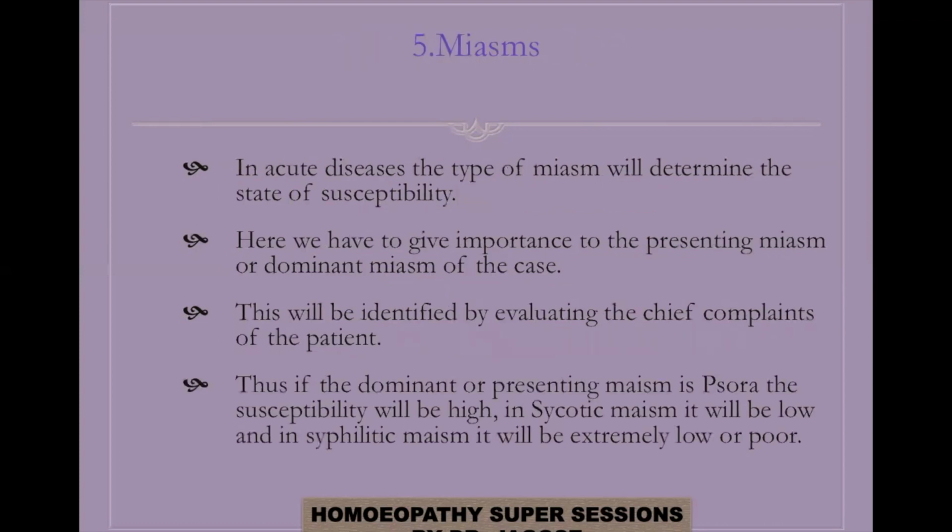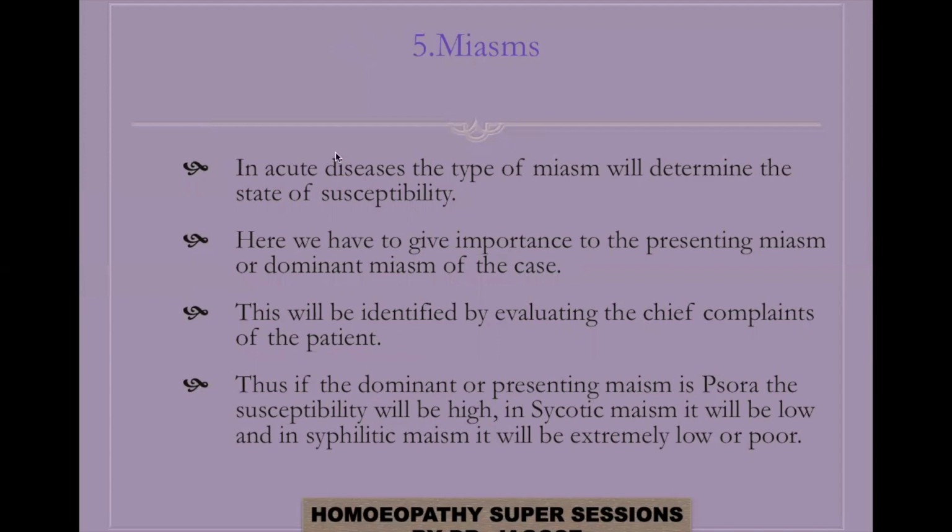Now, miasm. In miasm, we have to identify the dominant miasm and the fundamental miasm. So in acute diseases, the type of miasm will determine the state of susceptibility. Hence, in an acute disease, we give importance to the presenting miasm or the dominant miasm of the case. This will be identified by evaluating the chief complaints of the patient.